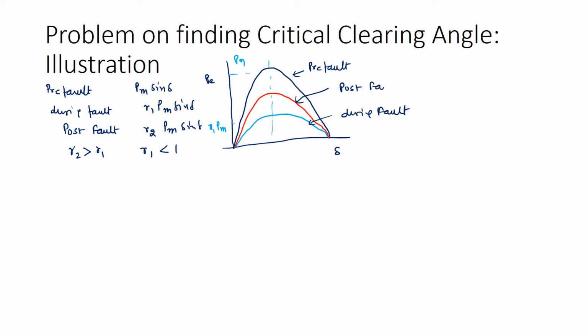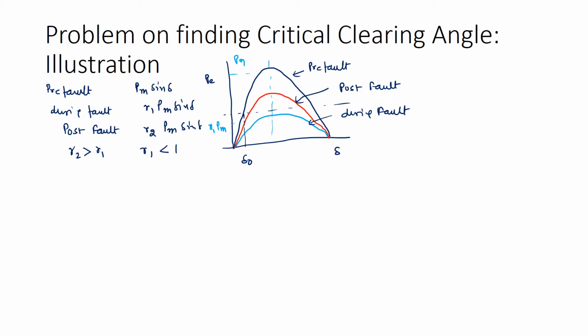So, let us try to find out the expression for this. Now, on the mechanical operating line, let me say this is angle delta naught, where it is operating, and suppose at delta 1 this is the initial operating equilibrium.